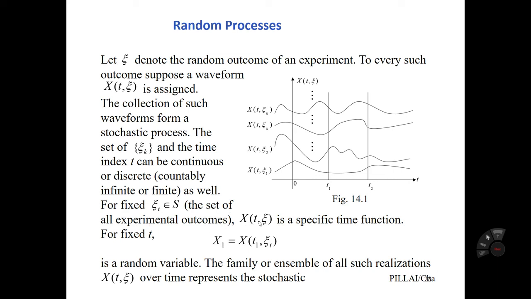And x of t comma this value is a special time function, and for fixed time x1 equals this thing, where x1 is a function of t1 and this ith value is a random variable. Finally, if we look at all these things, it is the family or ensemble of such realizations over time, which represents a stochastic process.